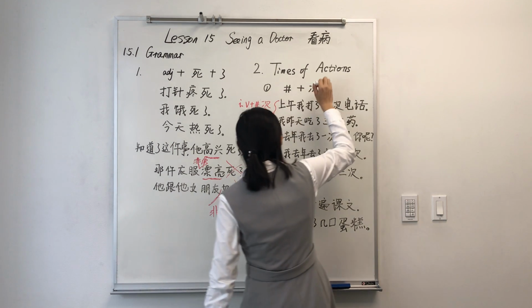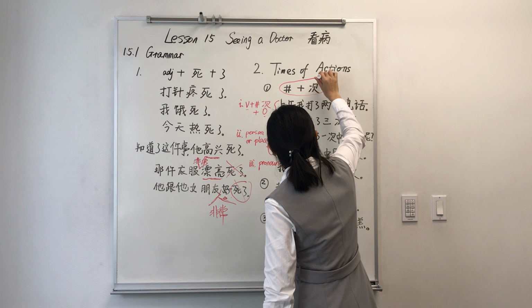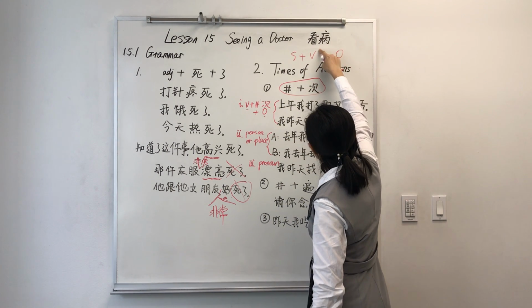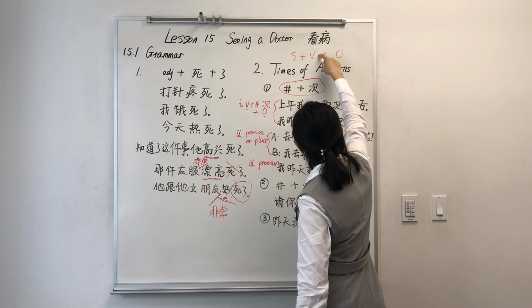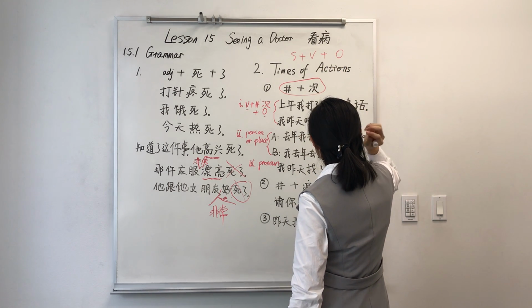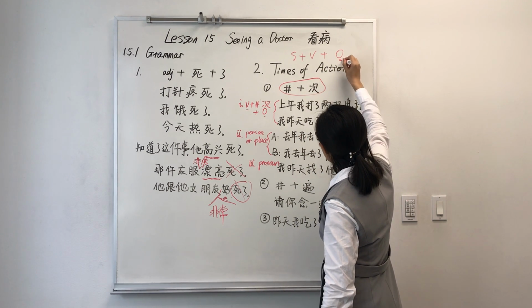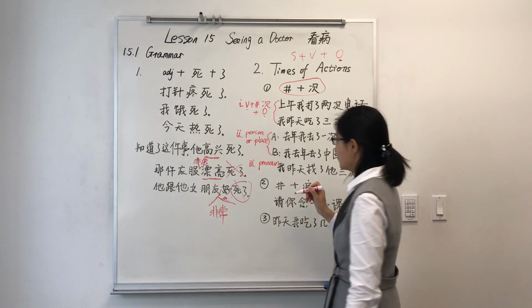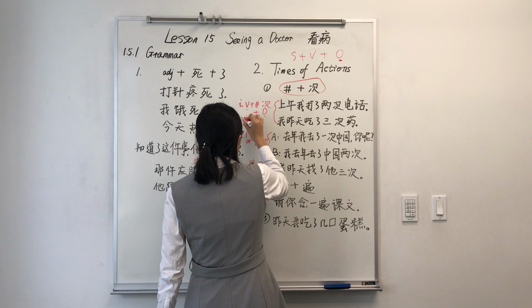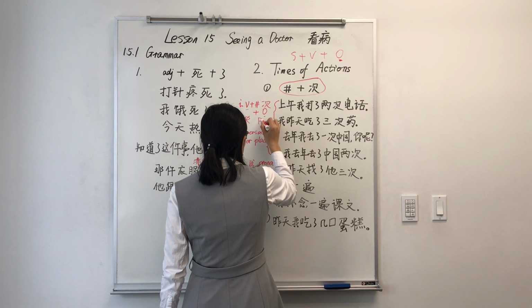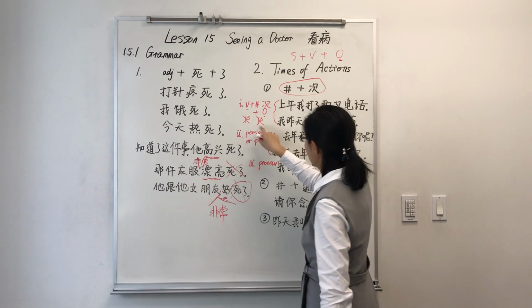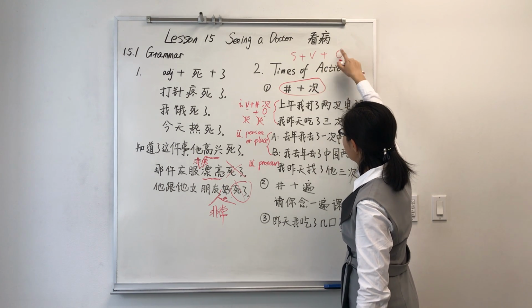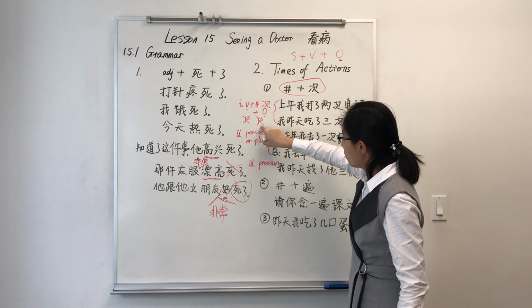We plug this one in here. If the object is not a person or a place, we can only put it here.